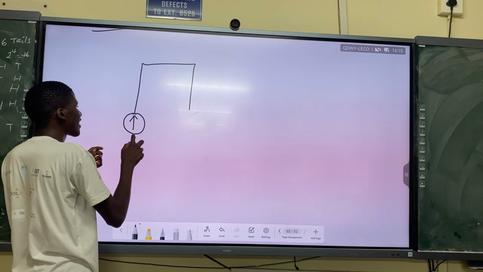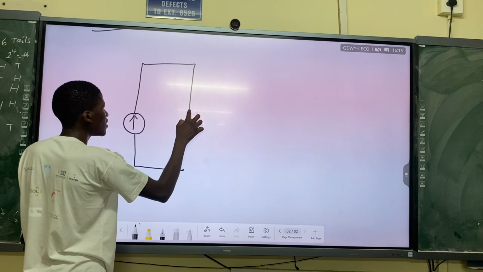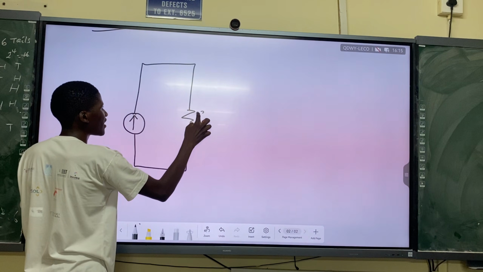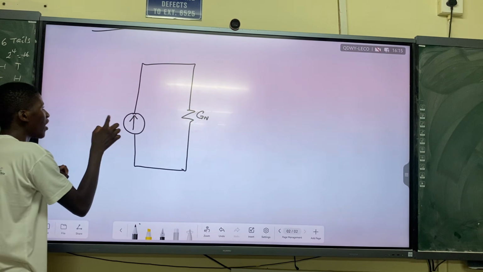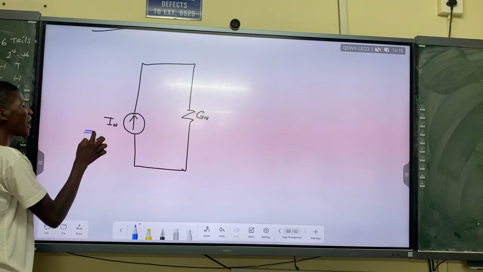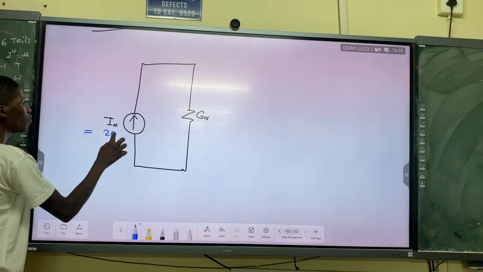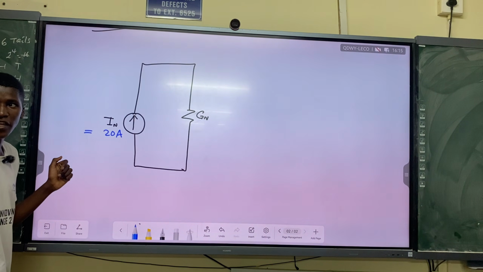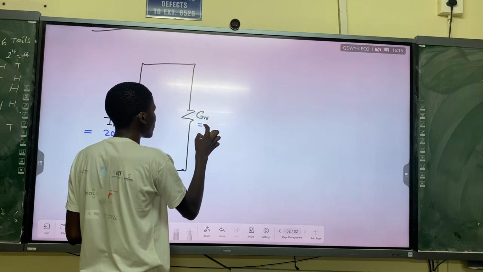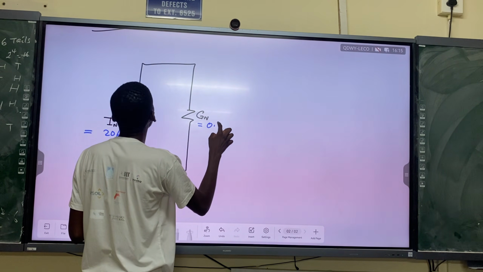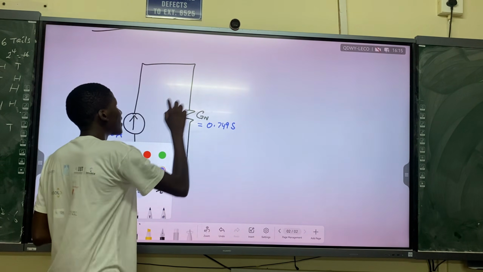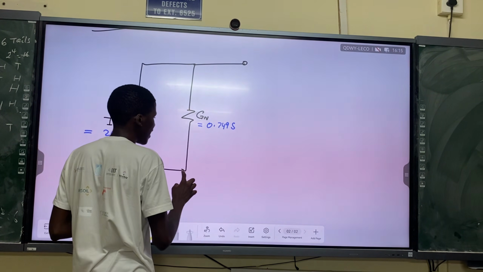The current source with a conductance, a resistor that has a GN. Our IN here we have solved, which is the ISC. We get 20 amperes. And then the GN we get 0.749 Siemens. Then we open our circuit there.